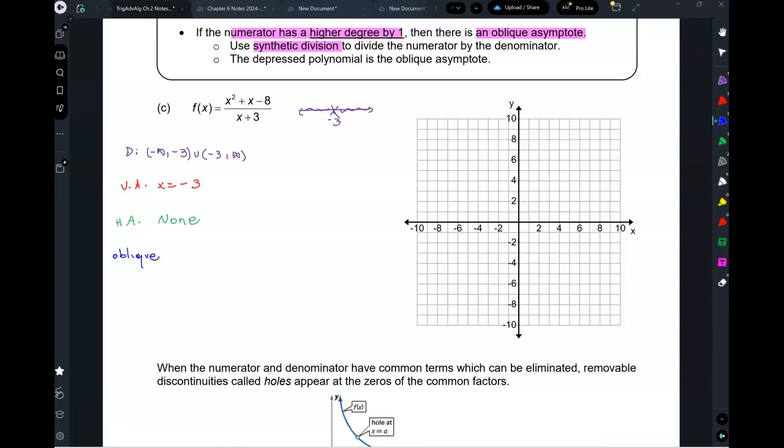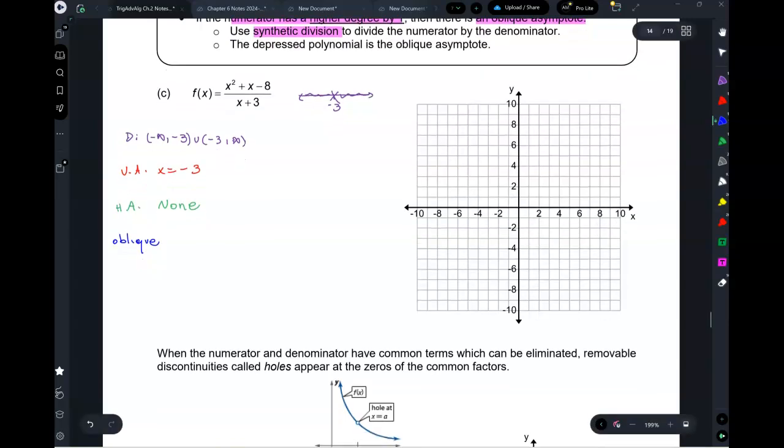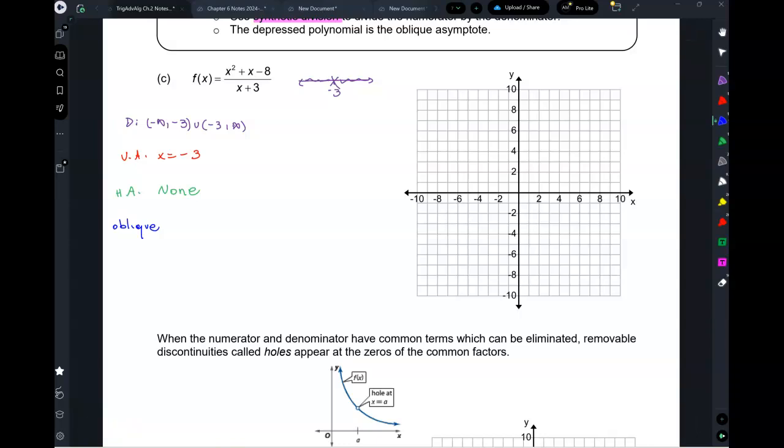Oblique means slanted, okay? Here's how you find the oblique asymptote. You've got to do synthetic division. In here, I put the coefficients of the numerator: 1, 1, -8. Here, what do I put outside? -3. 1 comes down, -3, -2, 6, -2.